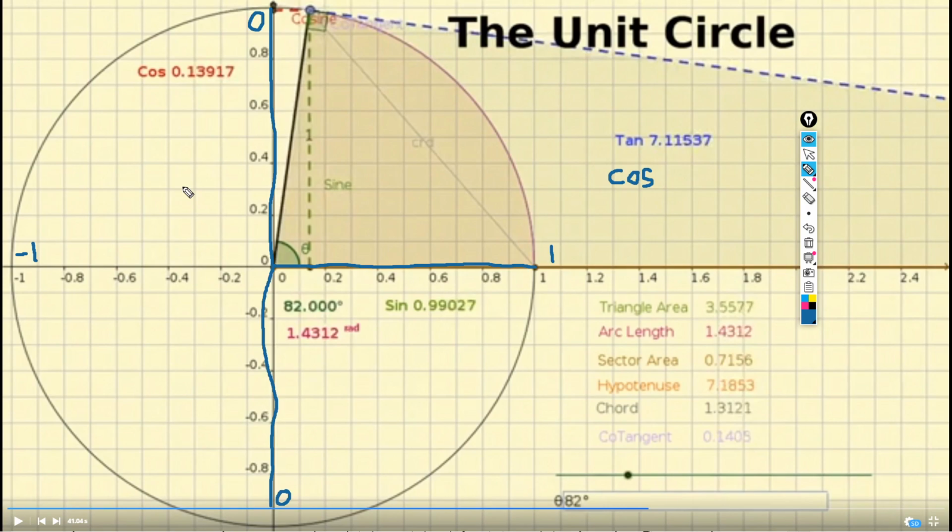One thing we talked about before was how the unit circle, being a circle, repeats itself, right? We can keep going around and around here, and we'll get the same values over and over again. So this point right here is 0 degrees.